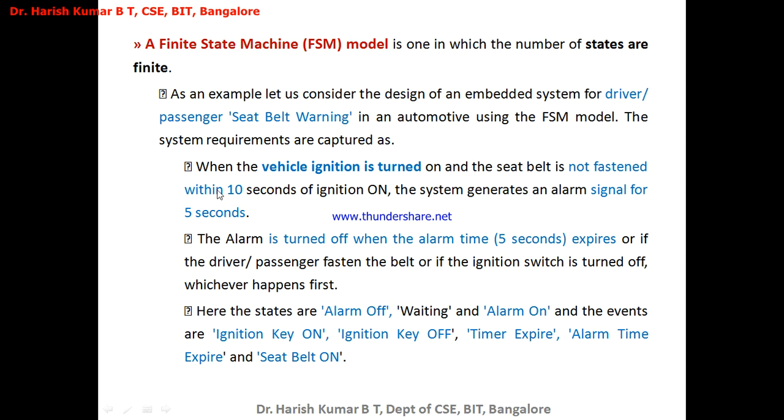Now when the vehicle ignition is turned on, the seat belt is not fastened. So within 10 seconds of ignition on, say you are turning on the ignition of the vehicle, and if you have not fastened the seat belt within 10 seconds of the ignition on, the system will generate an alarm signal for 5 seconds.